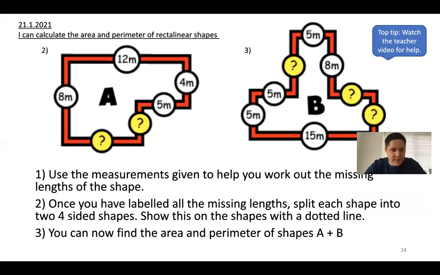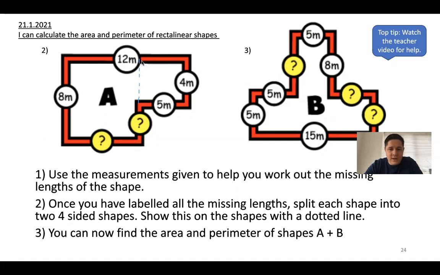Now, once you've labeled all the missing lengths, split each shape into two four-sided shapes. You can draw that on with a dotted line. So for example, you might want to split your shape along here, because then that would give me a rectangle there and then a smaller rectangle here.